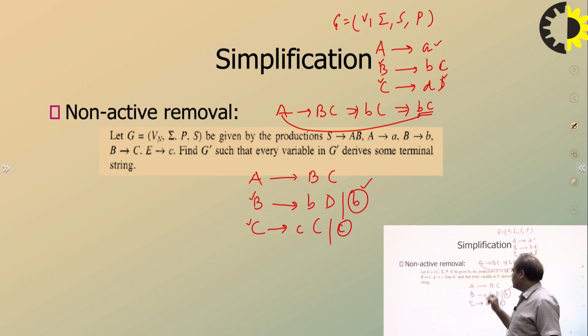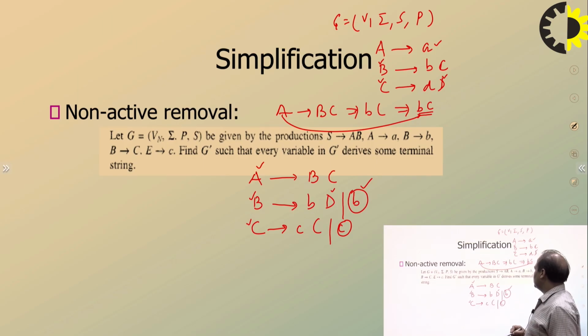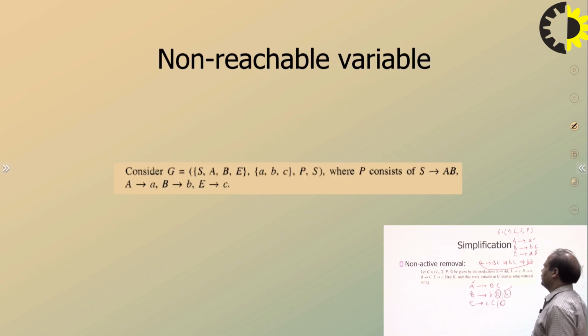By this definition, A is also an active variable, so A, B, C are active variables. Capital D is not going to derive any terminal string, so D is a non-active variable. Such variables play no role in language derivation, so we are going to discuss how to remove them.